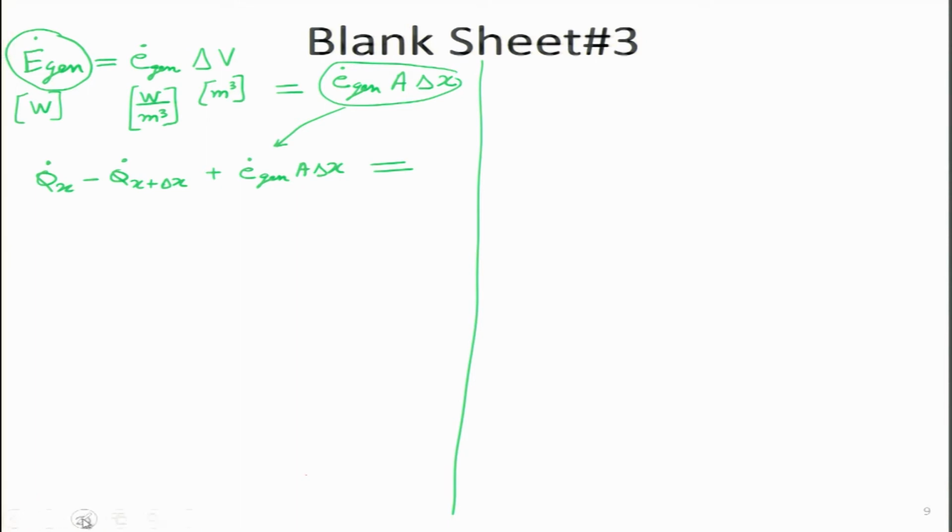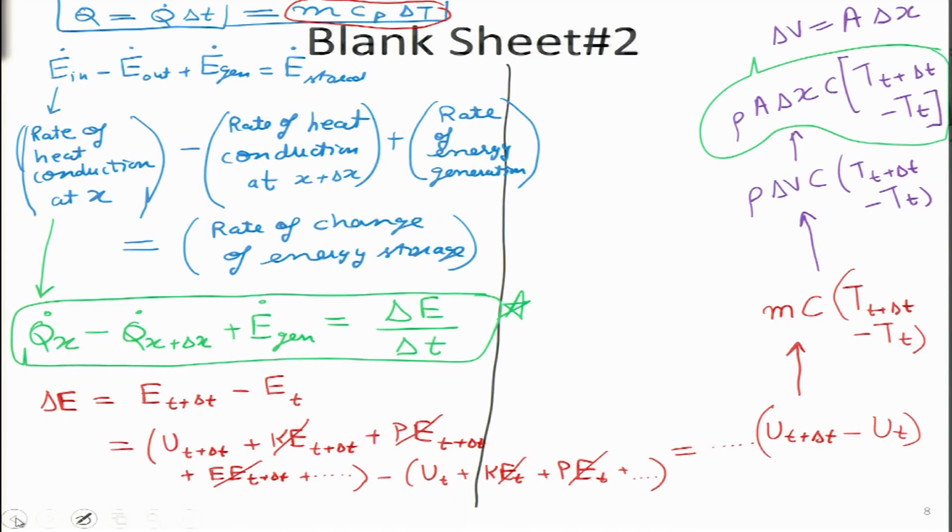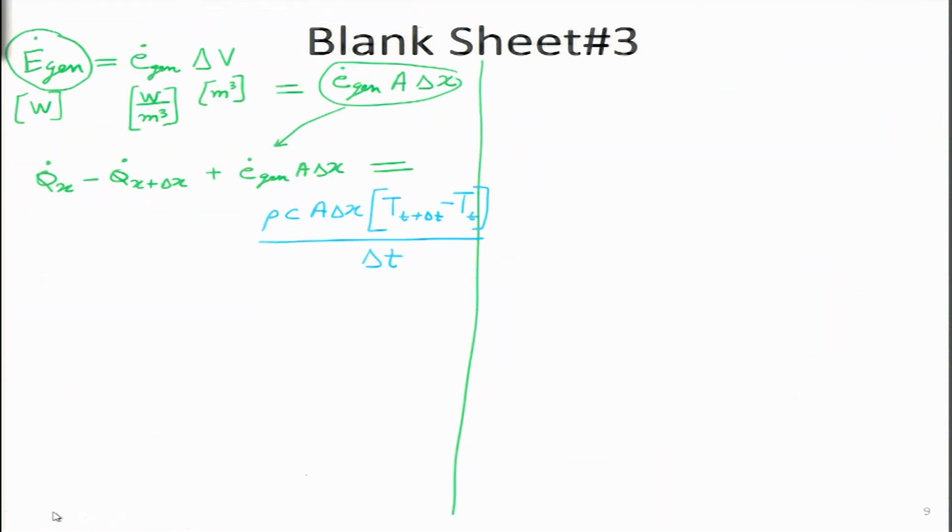The rate of change of the stored energy turns out to be rho C A delta x, times the difference of temperature at times T plus delta T minus temperature at time T, and because we are taking the rate, we have to divide it by delta T. Remember, going back to the previous slide, the denominator on the right hand side has a delta T.